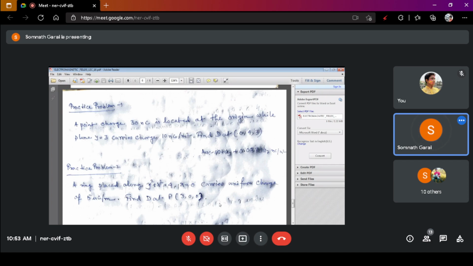Find the value of the D flux density at the point 0,4,3. Calculate it. Same process.